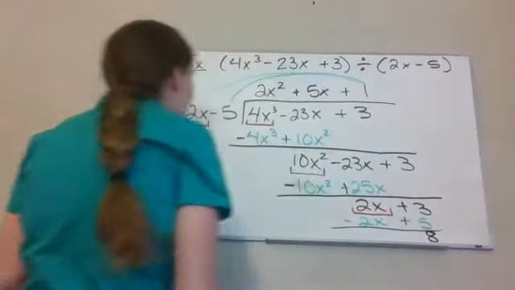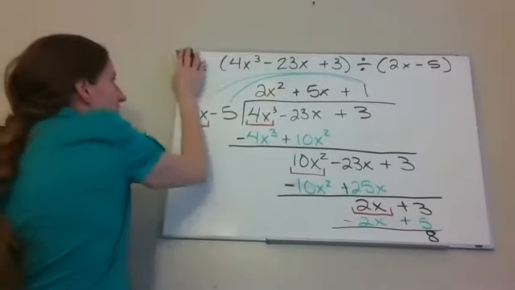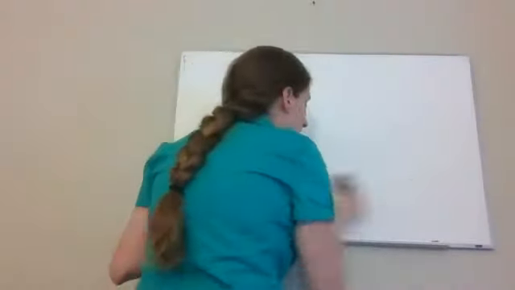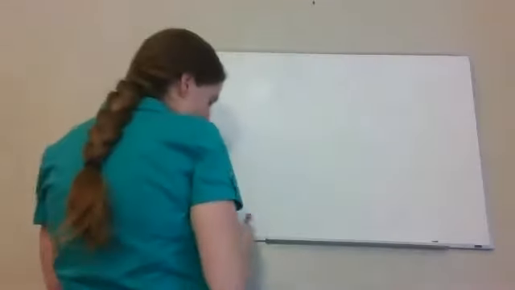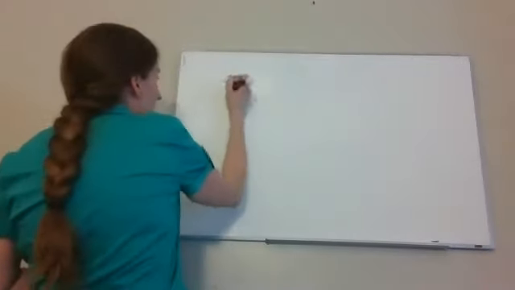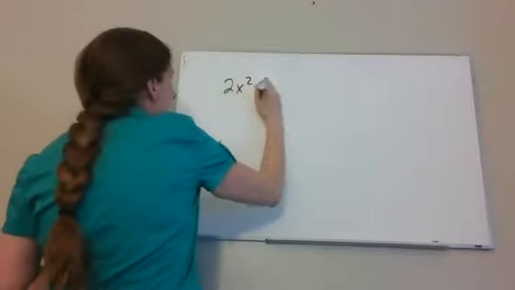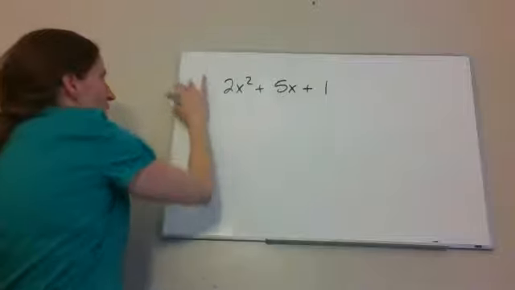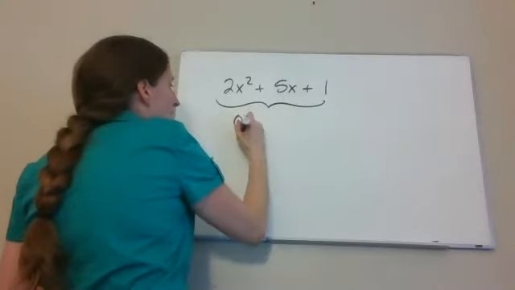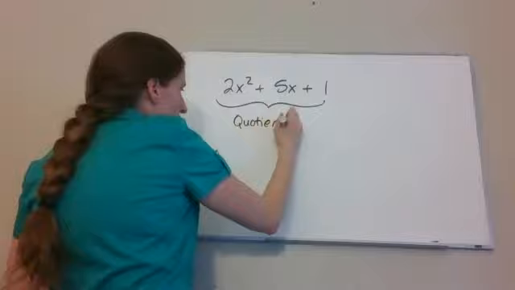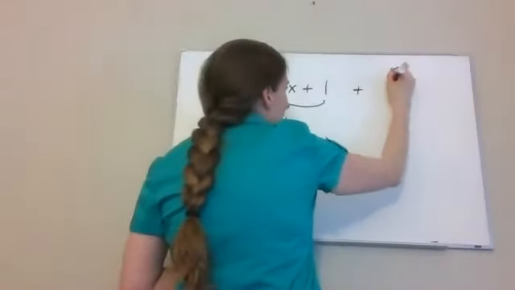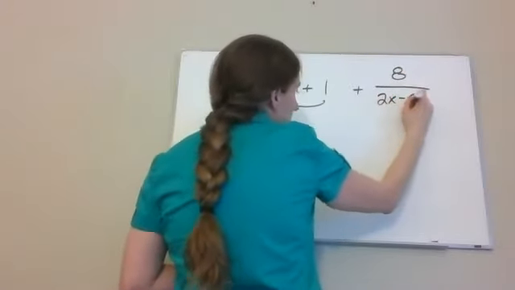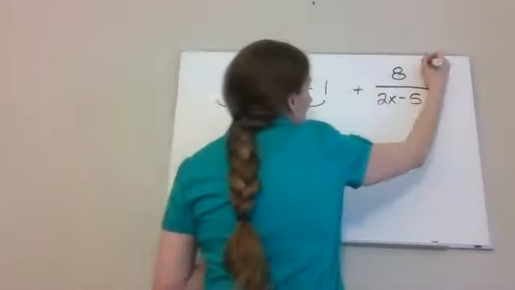So the way I would write my final answer for this problem would look like my 2x squared plus 5x plus 1 that I got from doing my long division. This was my quotient. That's what ends up on the top. Plus my remainder over the thing I was dividing by. So this is my remainder up here.